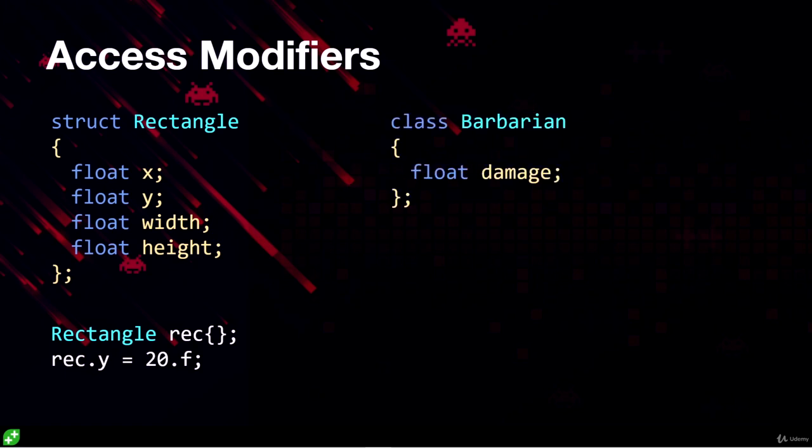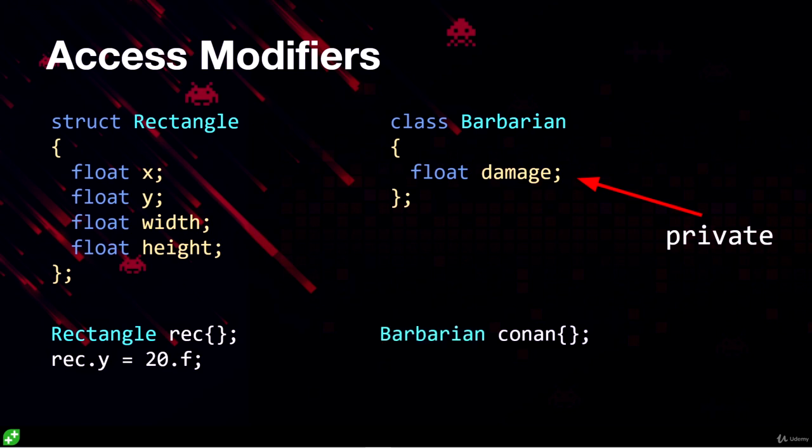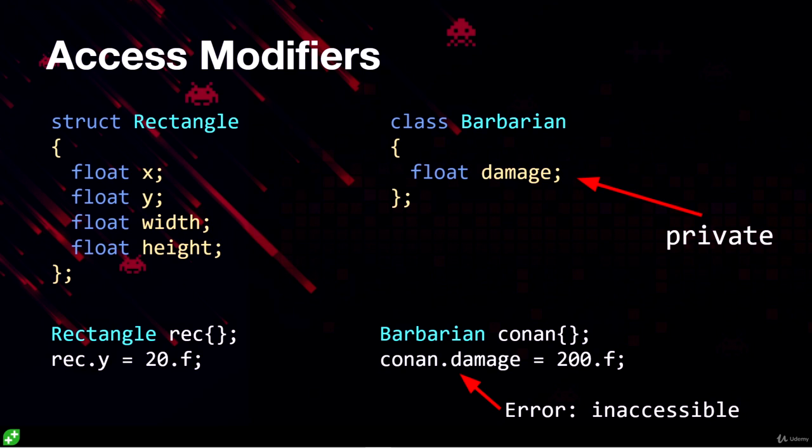Now, on the other hand, let's say we have a class, and that class has a member variable. By default, the body of a class is private, which means that this float variable is private. So if we create an instance of this class and then attempt to access this private variable directly and change it, we'd get an error because this float variable is inaccessible.